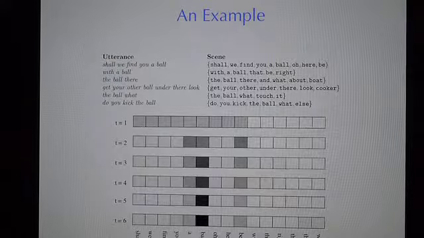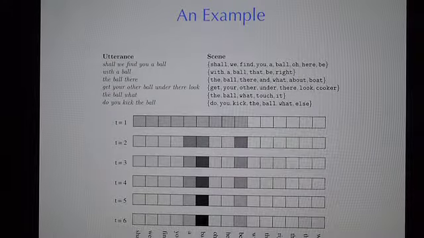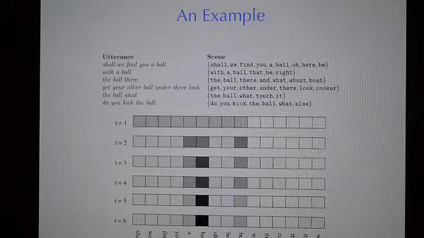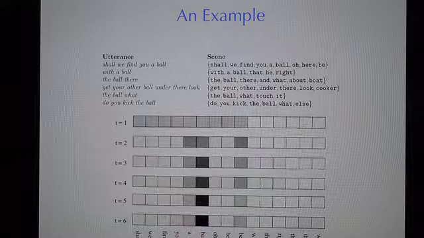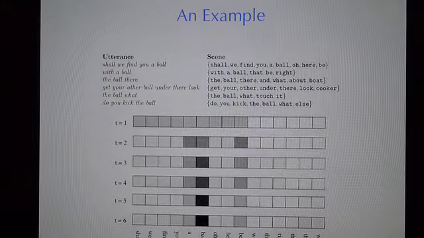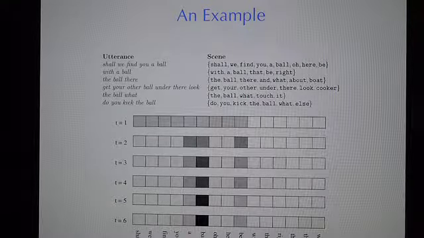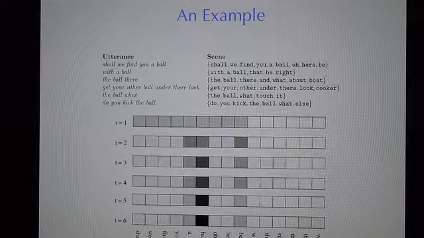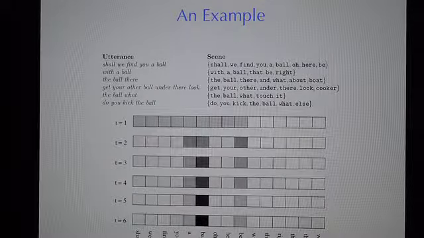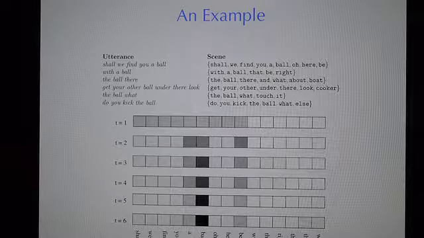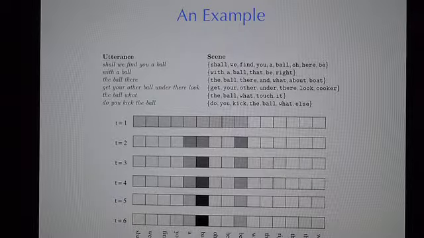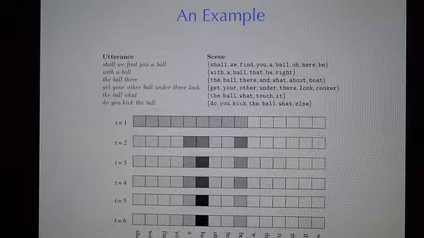On the top of this slide, you see 6 sample utterances that contain the word ball, and for each utterance the scene that was associated with it, so the visual context in which the utterance was uttered. And at the bottom of the slide, you see how the probability distribution that the model learns for the word ball changes over time as it processes every single input item.